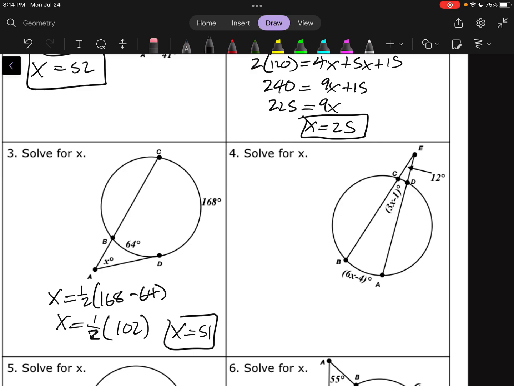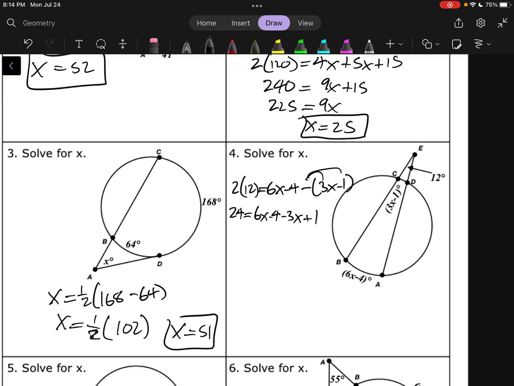For this one, I'm going to do 2 times the angle is equal to arc minus arc. So that'd be 24 is equal to 6x minus 4 minus 3x plus 1.